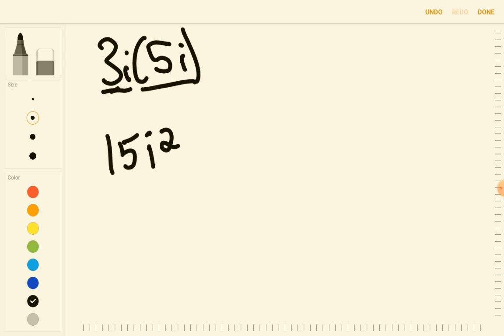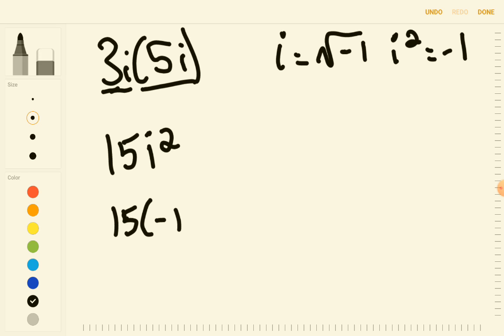And next we have our I squared right here. So we know that I is equal to the square root of -1, but we're looking for I squared, and we know that I squared is -1. So we would do 15 times -1, which would give us -15, and that would be our answer.